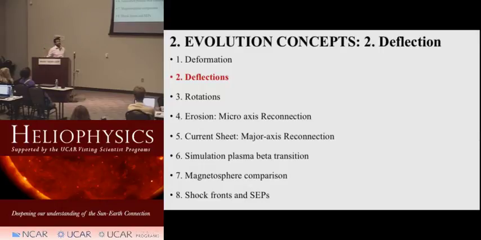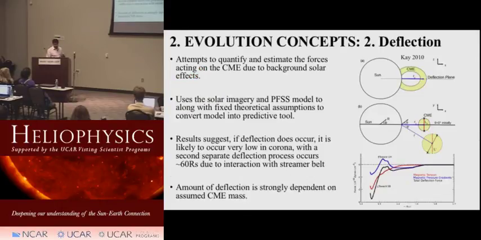Okay, so deflections, part number 2. This is going back to the sun again. Now, if you look at lots of solar imagery and coronagraphic images, you'll start to see CMEs not erupt in a nice uniform structure that lots of schematics show. In fact, like the schematics I showed.